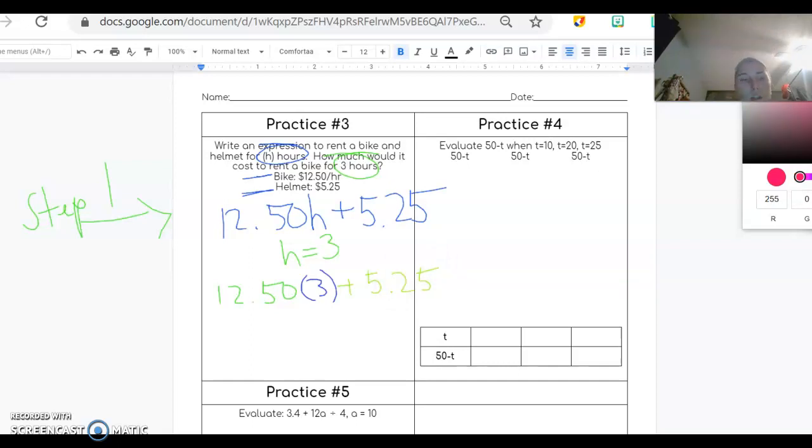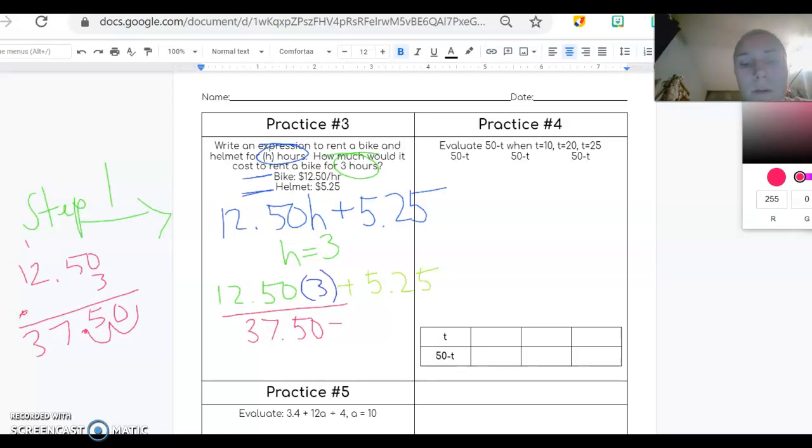Okay, so I'm going to go over here to the left. I'm going to do some multiplication. 12.50 times 3, 0, 5, 1, 3 times 2 plus 1 is 7, 3, and we move our decimal 2 times. So $37.50 is our multiplication that we did here.